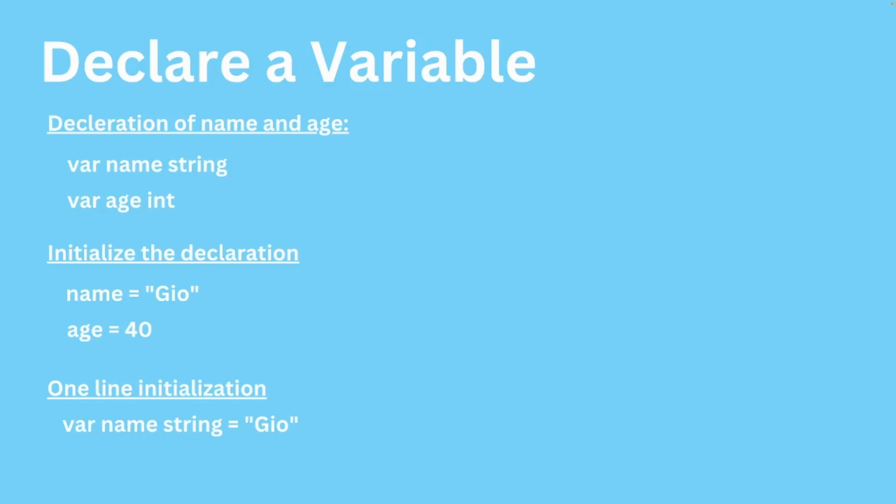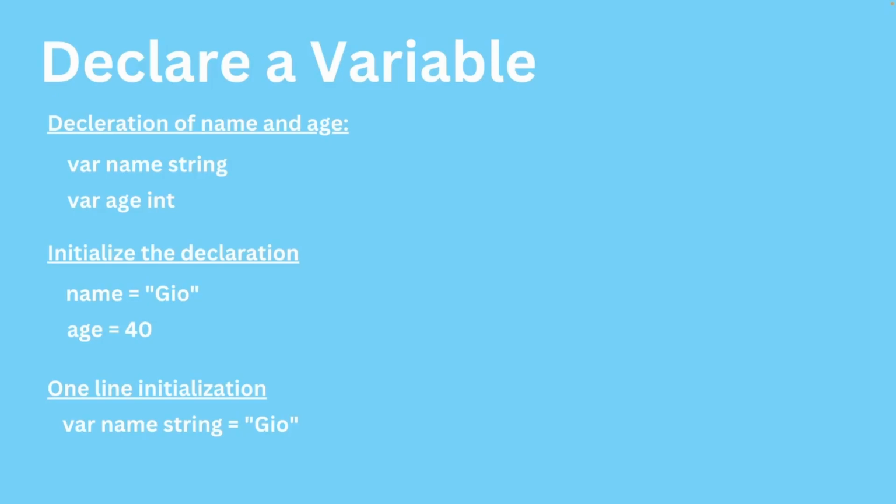And you can see that a string has to be specified within two quotation marks. That just lets Go know that, okay, this is going to be a string, and within that string is going to be geo, a series of characters. And then there's going to be the integer, which is going to be age, and that's just going to be 40. And I'm not 40, but that's just going to be the age that's stored in that variable.